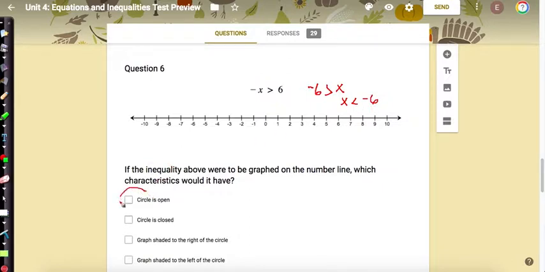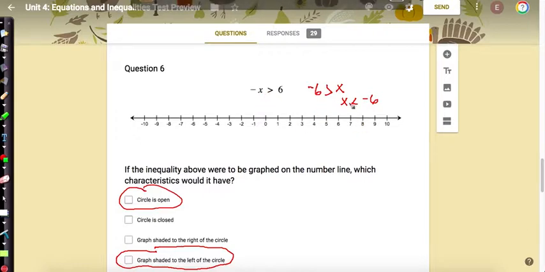So it's an open circle, which is what you probably picked, but you may not have shaded to the left if you didn't think about the negative variable. A negative variable is going to reverse the sign here. Did you have that the circle is open, and did you have the graph shaded to the left? Both those choices.